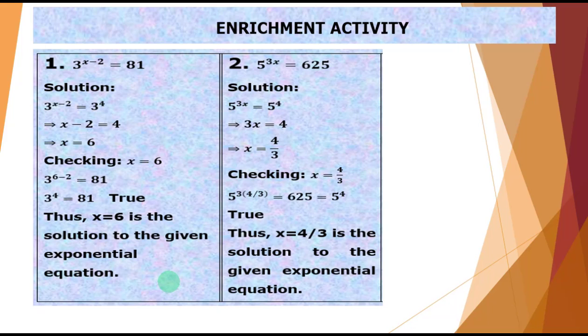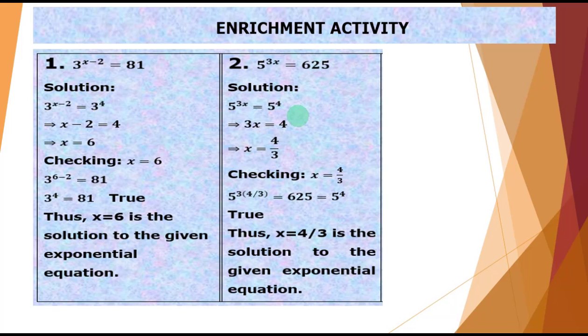For number 2, 5 raised to 3x equals 625. Expressing both sides of the equation with the same base, we have 5 raised to 3x, so just copy. But 625 is actually 5 raised to 4, meaning 5 times 5 times 5 times 5 is 625.